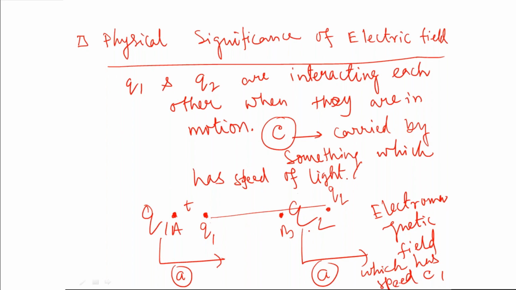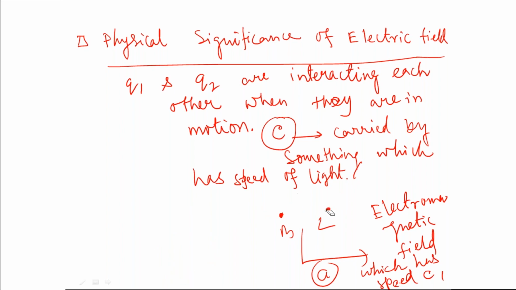So the information is carried by what? The electromagnetic field, which has a velocity c. And how is it created? Because the charges are accelerated, and an accelerated charged particle will create an electromagnetic field. These are all written in an elaborate way in your book. You just read this part and then let me know whether you understood why it is necessary to introduce the electric field to understand the physical concept.